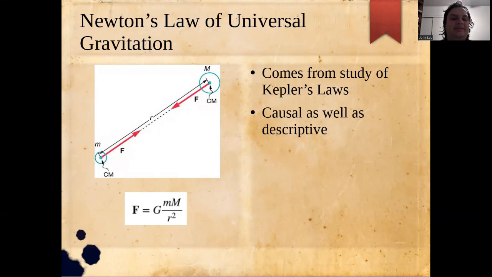Another thing to note about this is that this force is proportional to the masses of both objects, so it's dependent on the masses of both objects, which is kind of strange because there are a lot of different forces and not all of them have some different proportionality based on different quantities such as charge in the electromagnetic force.